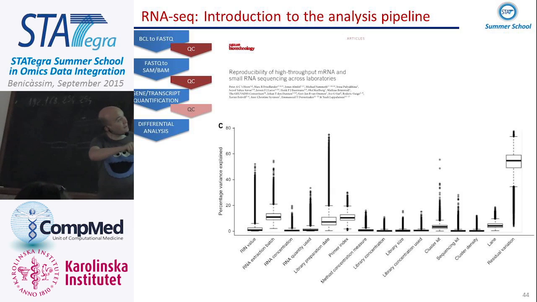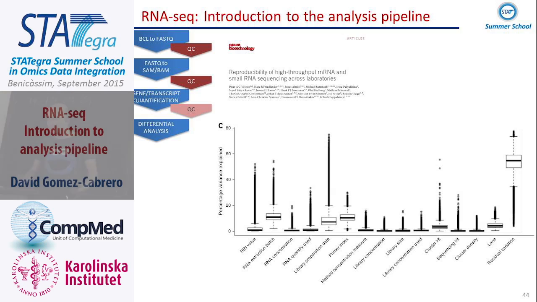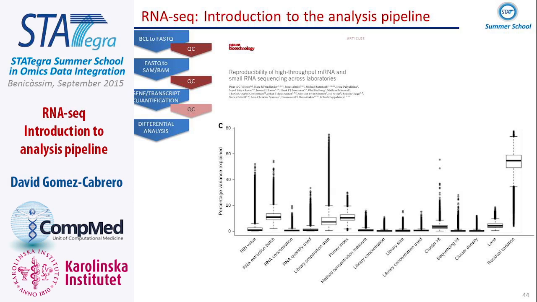So what we have here is the box plot for all the genes. In general, for all the genes, of course, what you cannot explain is probably the biology, right? The part that, I mean, or your contrast of interest, etc. But from the things that you can explain that have more to do with the experimental conditions, with the laboratories, with everything, the extraction batch was very important.